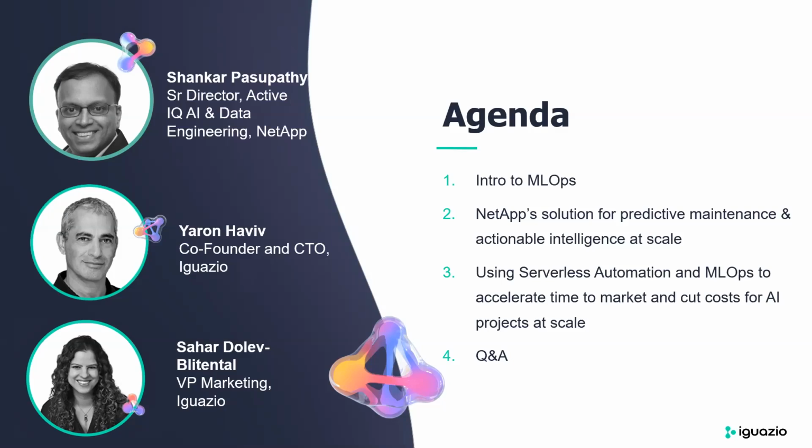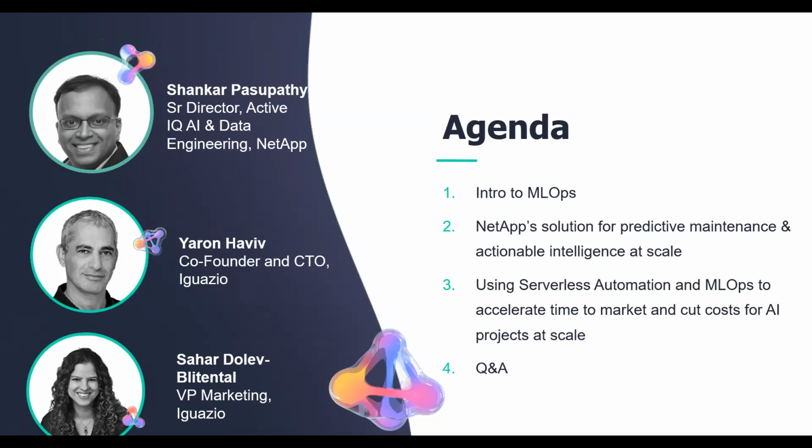He'll be joined by Iguazio's co-founder and CTO, Yaron Haviv, a serial entrepreneur who served in multiple CTO roles before starting Iguazio, and also created Nuclio, a leading open source serverless platform with over 3,000 GitHub stars, and MLRun, Iguazio's open source pipeline orchestration framework.